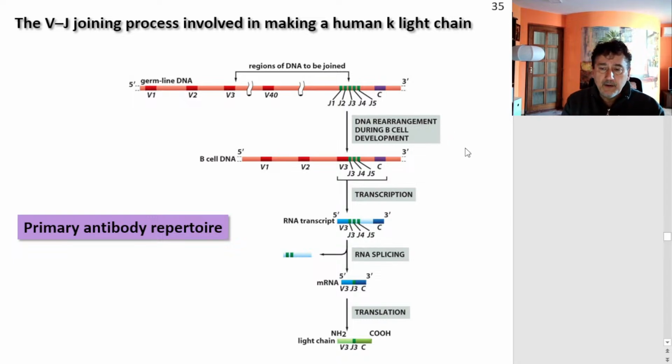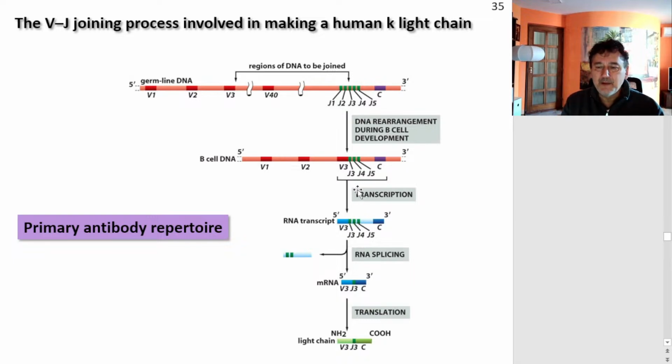This is J1, J2, J3, and so on. So the point here is that genetic recombination makes a combination. First one of the V regions is selected and combined to one of the J regions, and then this links to the constant region, and that is the point. So for example here, there is a selection of the V3 region and the J3 region.